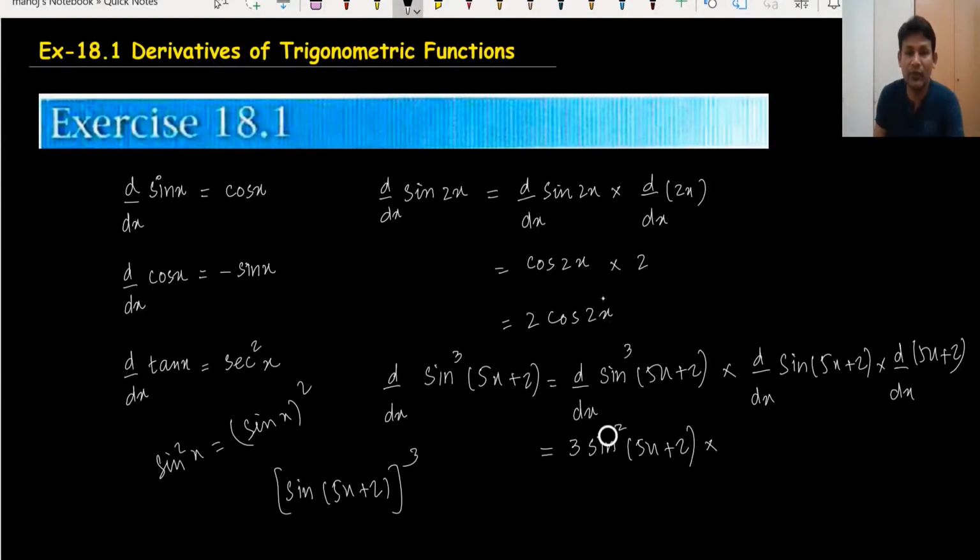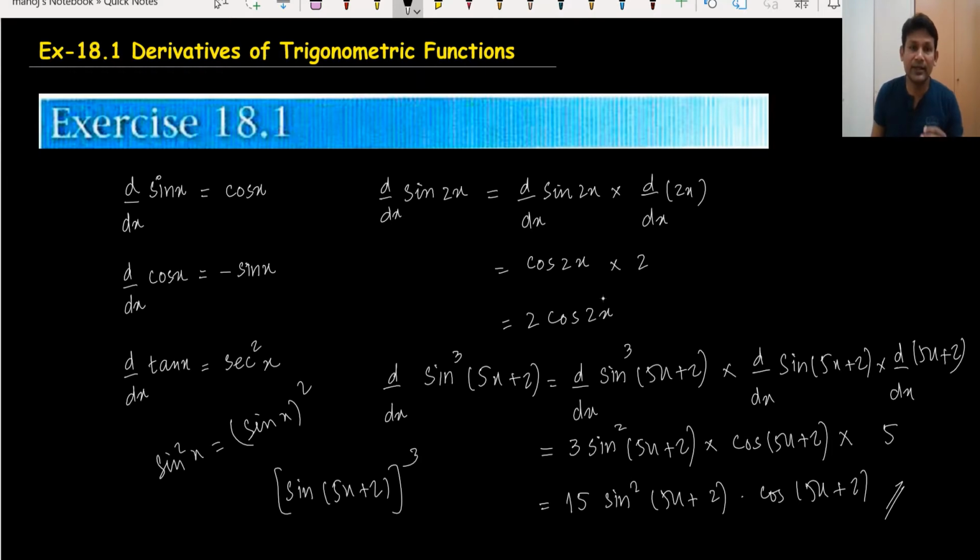Here we do not change the sign, we apply the power. Then here we change the sign, it becomes cos, with the complete angle 5x plus 2. Multiply by the differentiation of 5x plus 2, which is only 5. When we simplify 5 and 3, it comes 15 sine square 5x plus 2 into cos 5x plus 2, and we have done that.